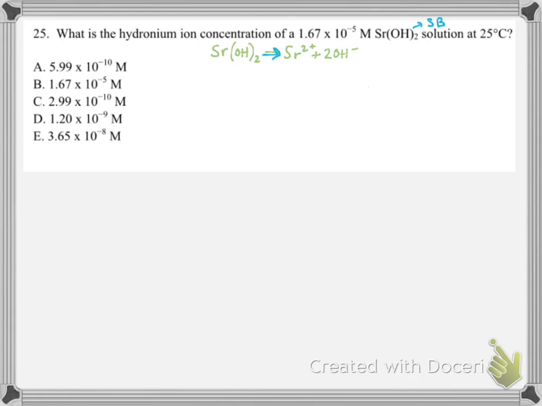Okay, so we know that 1.67 molar is 1.67 moles of strontium hydroxide in a liter, and that we're going to get 2 moles of hydroxide out of every 1 strontium hydroxide mole.